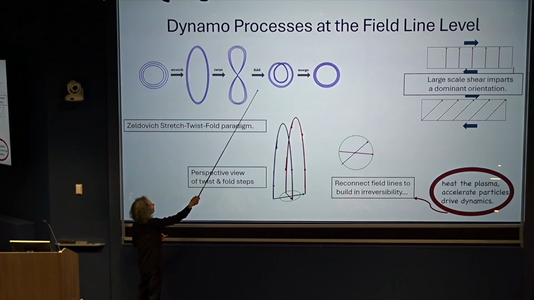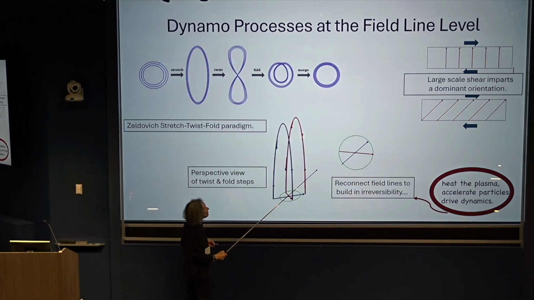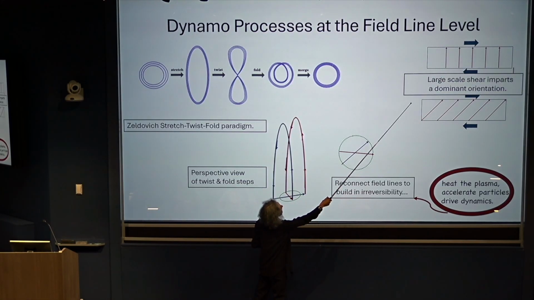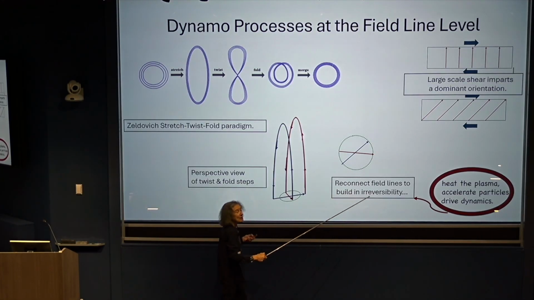And I've annotated this to show you where the field would have to be snipped to get these two loops to line up in a way that reinforces them instead of canceling them. In addition to this, there's typically some kind of large-scale shear that imparts a dominant orientation.